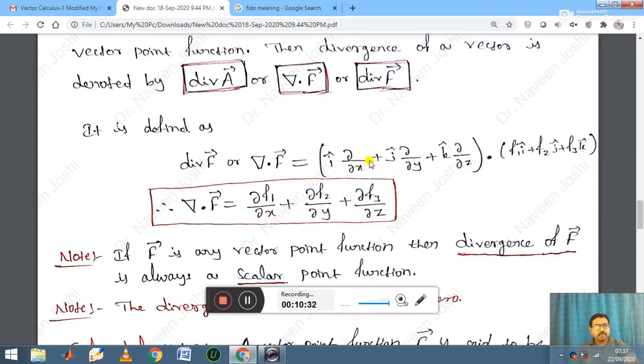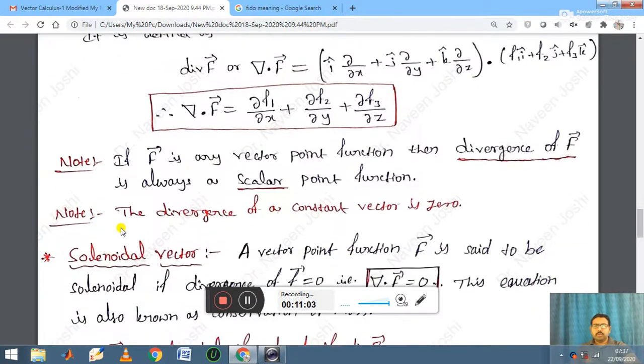If you find the dot product between these two, you just multiply the corresponding components: dou by dou x into f1 gives dou f1 by dou x, plus dou by dou y into f2 gives dou f2 by dou y, plus dou by dou z into f3 gives dou f3 by dou z. Therefore, the definition of divergence of f is del dot f equals dou f1 by dou x plus dou f2 by dou y plus dou f3 by dou z.